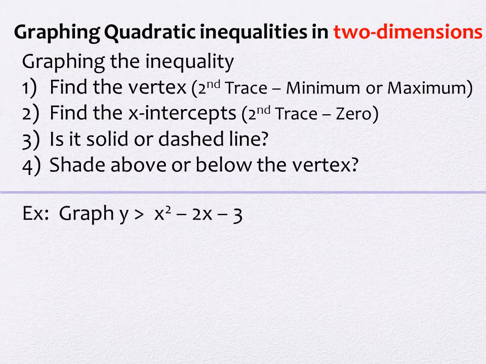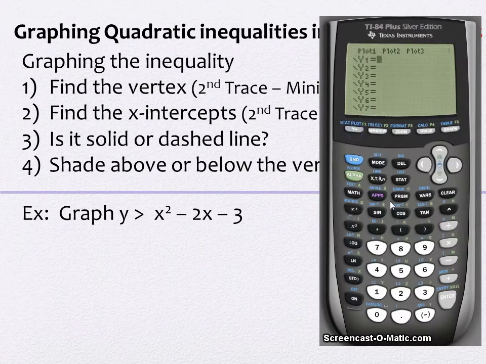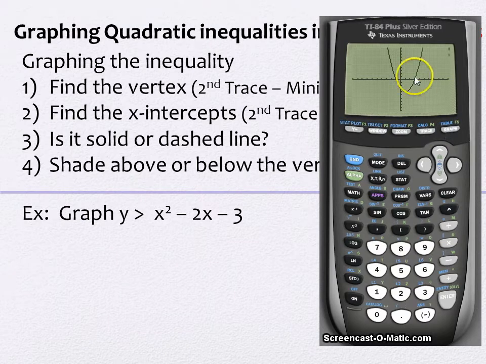So here's an example. I want you to graph y greater than x squared minus 2x minus 3. So remember the steps. The first step is we need to find our vertex. So on our graphing calculator, let's go and plug in x squared minus 2x minus 3. Let's press graph. And here's our U-shaped graph.